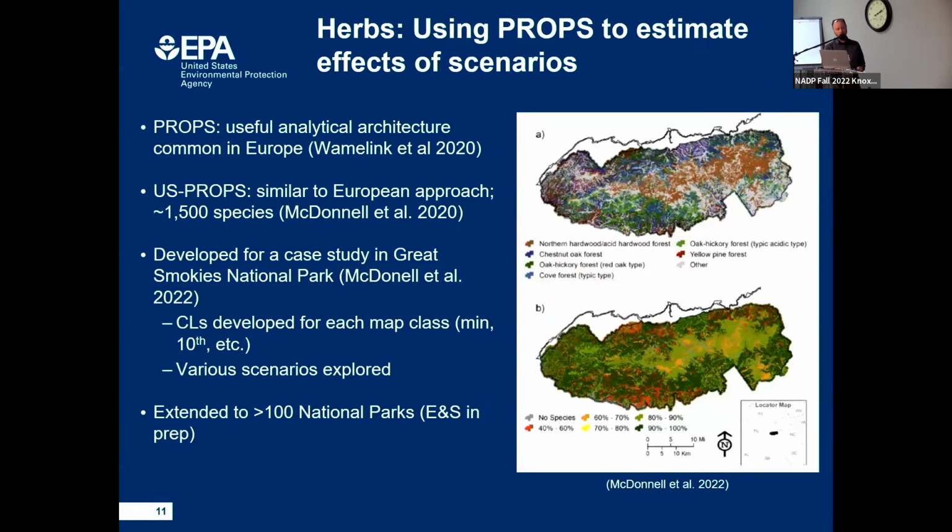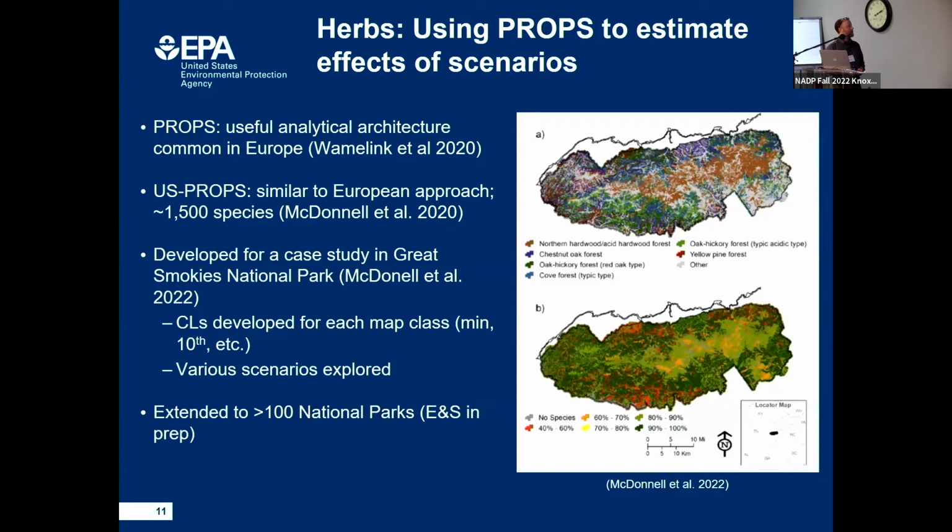A couple more, some of the newer data sets and models using props to estimate the effects of different scenarios. This is work that Todd McDonald also has been doing for us. You can raise your hand a second time. There you go. It's a really useful analytical architecture that has gotten traction in Europe. And so we wanted to see how applicable it was here in the US.